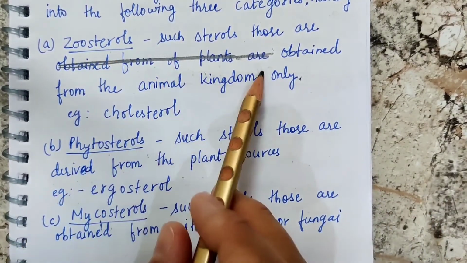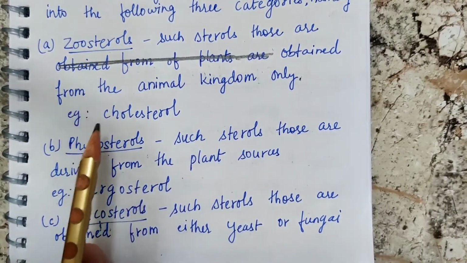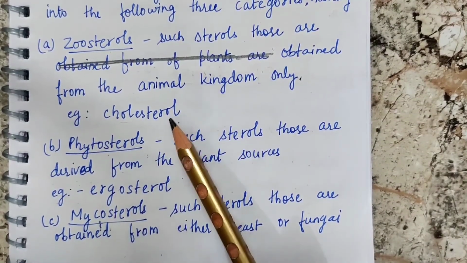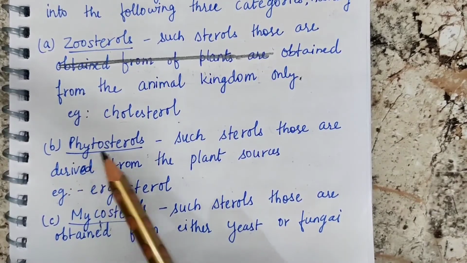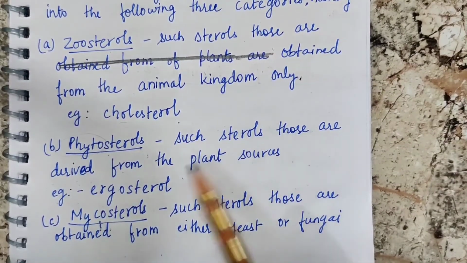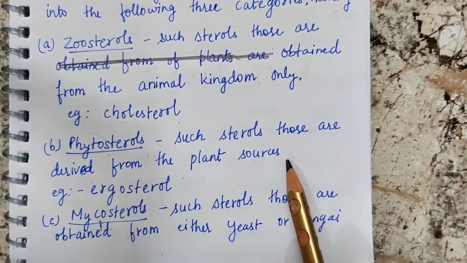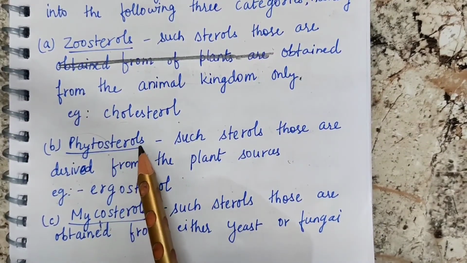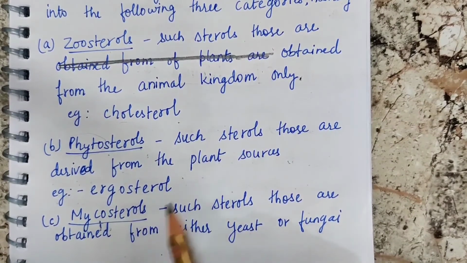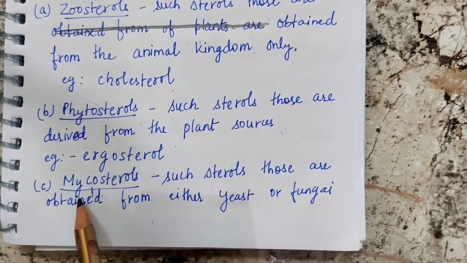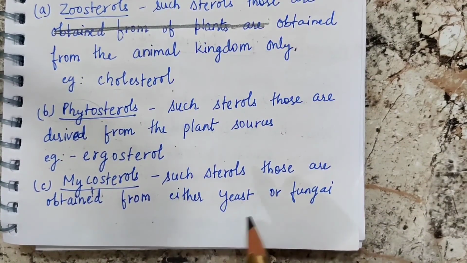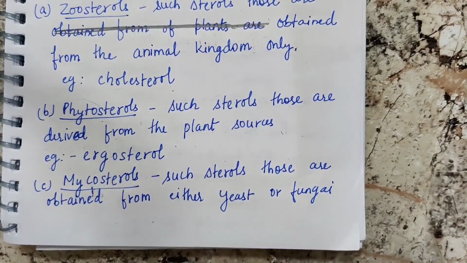That means they are present only in animals, and those come into this category. Example, cholesterol is present in animals. Phytosterol, so phyto means plants. Such sterols, derived from plant sources, are called phytosterols. Example, ergosterols. Third is mycosterol. Such sterols are obtained from either yeast or fungi.